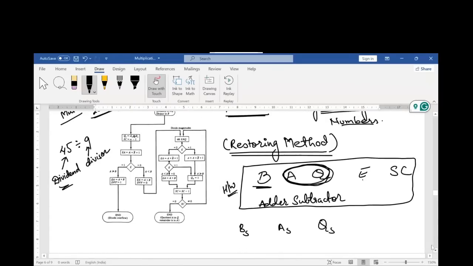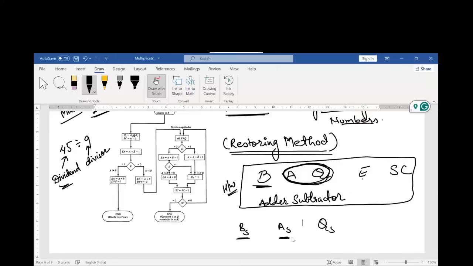Apart from this, we will have three flip-flops, BS, AS, and QS for storing the sign bit of all three registers. As it is division on sign magnitude numbers, we have a separate flip-flop for storing the sign, and in register B and register AQ we will have the magnitude part only. This I have already explained to you in the previous lecture sessions.